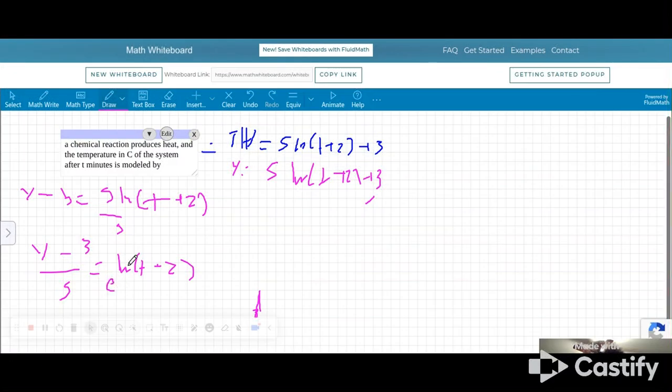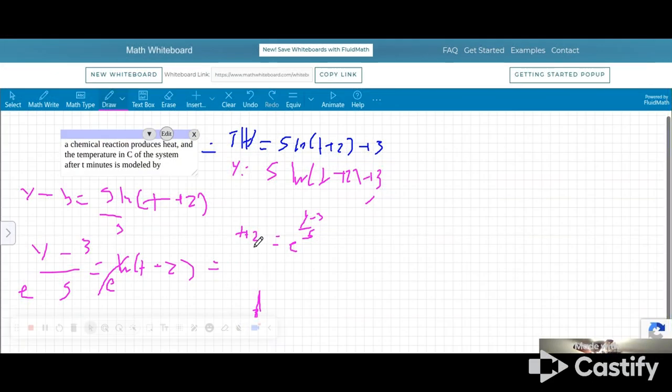To get rid of this ln, we're going to have to exponentiate everything with e. So it's going to be e to the ln of t plus 2, equals e to the y minus 3 over 5. This is going to cancel out, so t plus 2 is equal to e to the y minus 3 over 5.